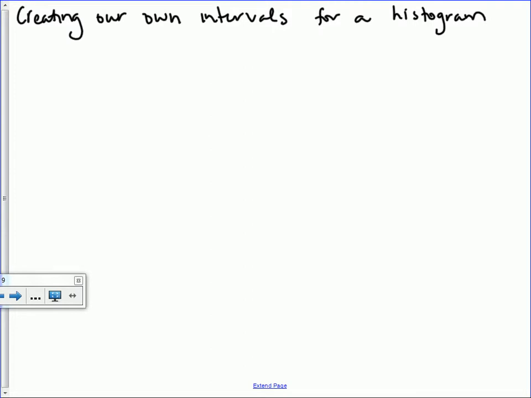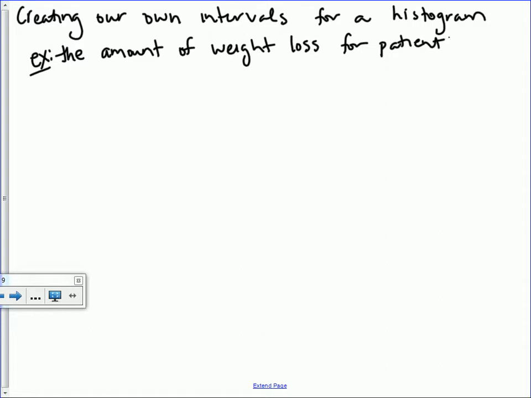I'm going to do a much more complicated example for this because typically these are done by software and it is a kind of hard thing to do. So my example that I'm going to talk about is the amount of weight loss for patients at a bariatric clinic.